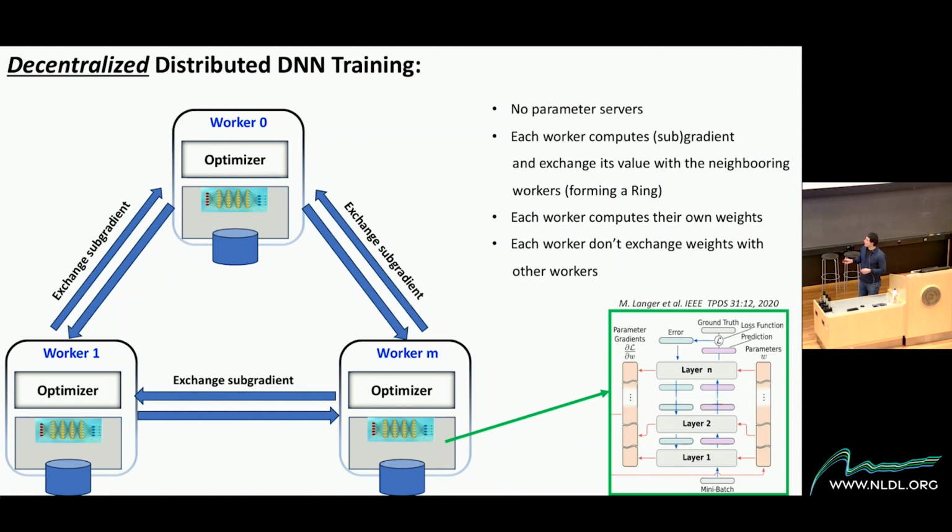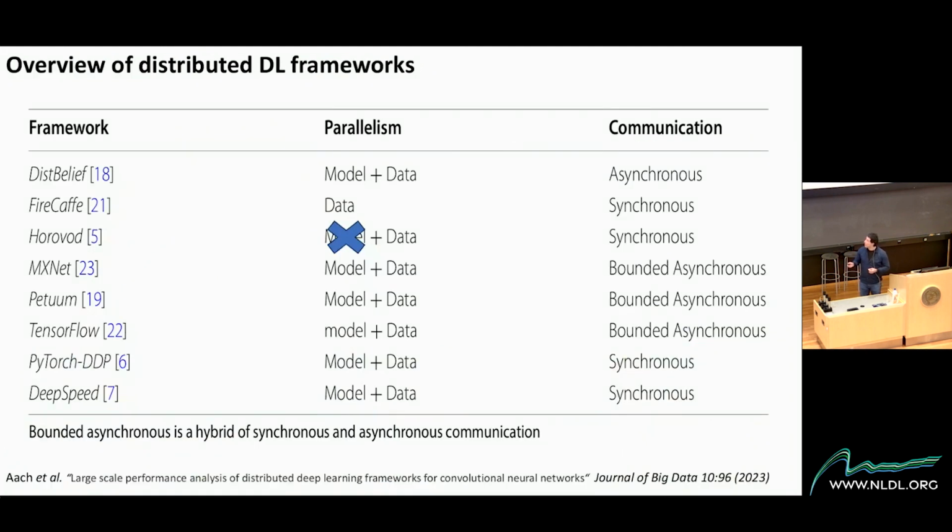This is a picture that is implemented in many frameworks, because it's very optimized, and the algorithm used to compute all the gradients in this way is ring all-reduce, and we will come back to that later.